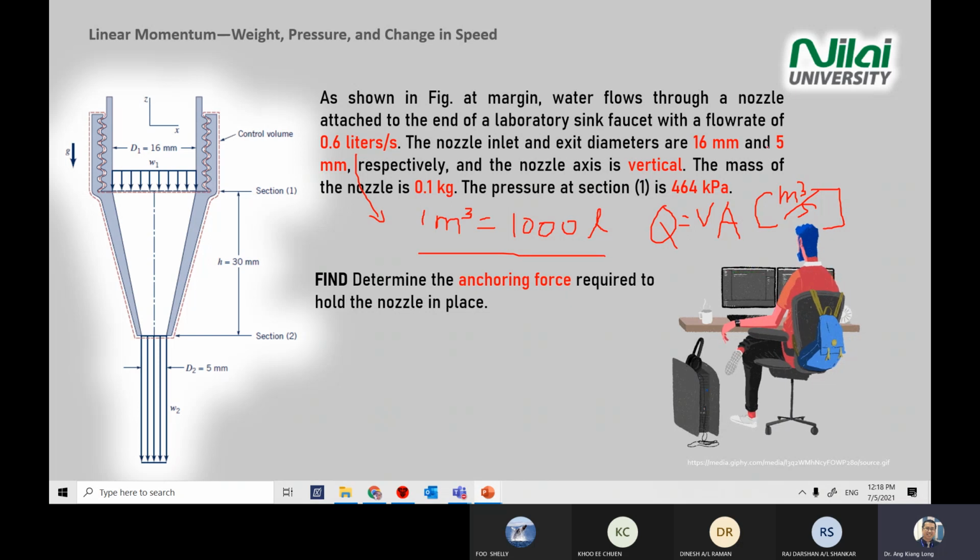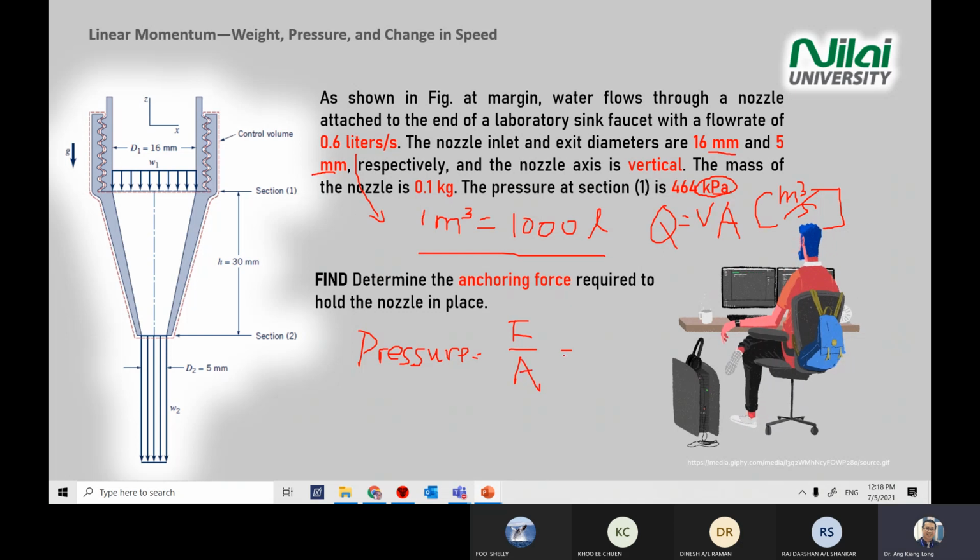Okay, and for the rest, you need to be careful when you do the calculation, especially when you deal with pressure in Pascal. If you forget about the unit of pressure, the definition of pressure is force divided by area.